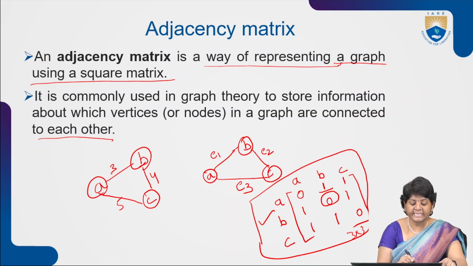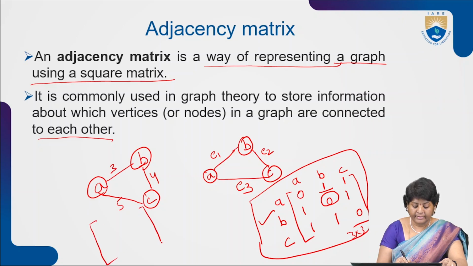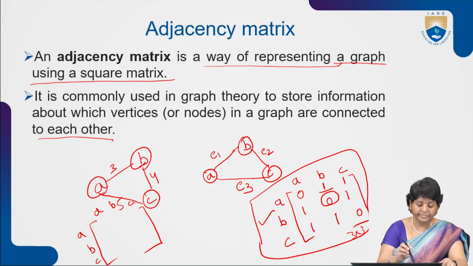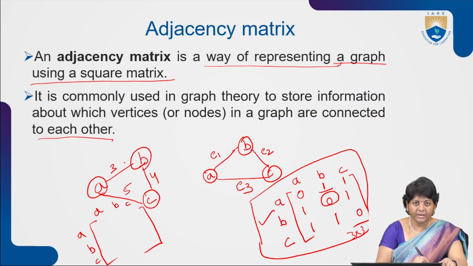Similarly, if weights are given, the weight may be the distance or cost. Here, the weight is given. So now the square matrix for this graph will be, we will represent A, B, C, A, B, C, where the weights are given now.